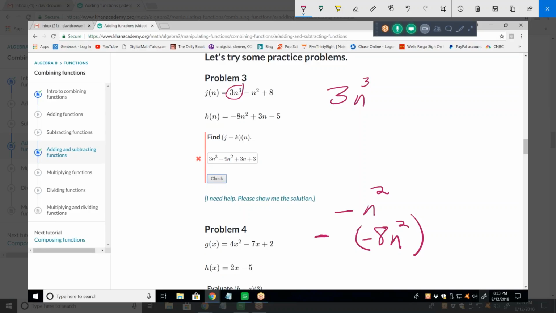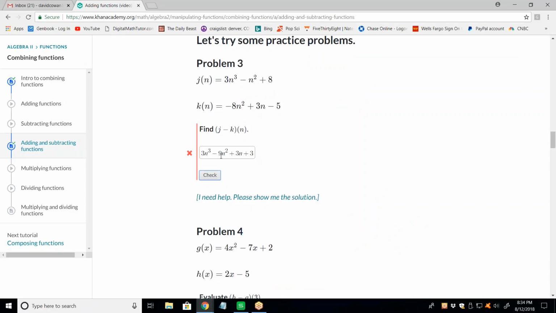So let's go back. I think that's probably our only mistake. The 3n, aha! How many n's do we have in the j function? So we have no, just n's.